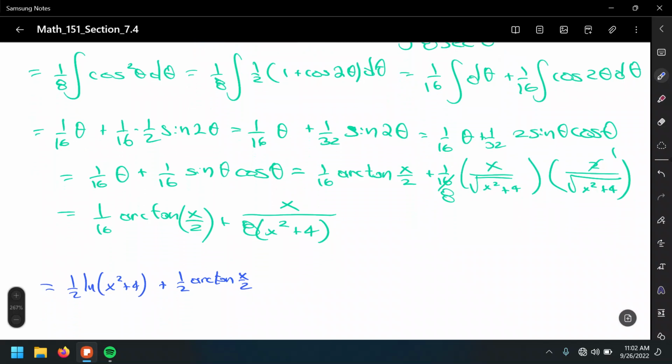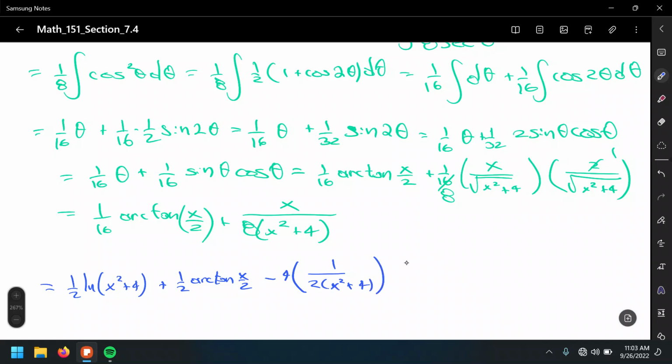So that's going to be -4 times the result of the third integral, which is 1/2 times x squared plus 4.